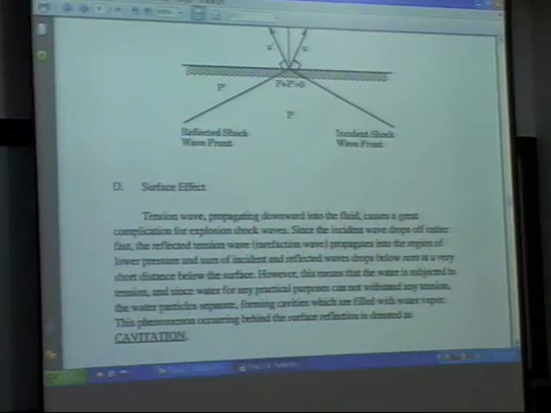Surface. When you hear about the surface effect, you have to think immediately about cavitation. What's cavitation? First, the physics. Cavitation occurs near the free surface. One.